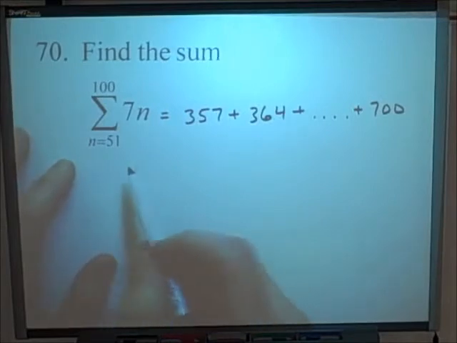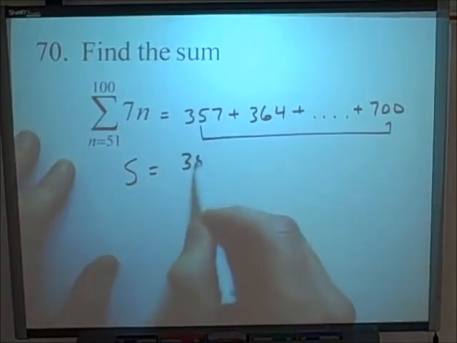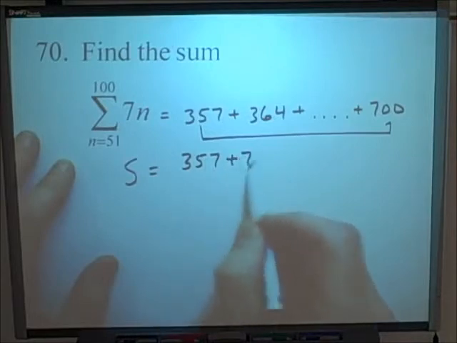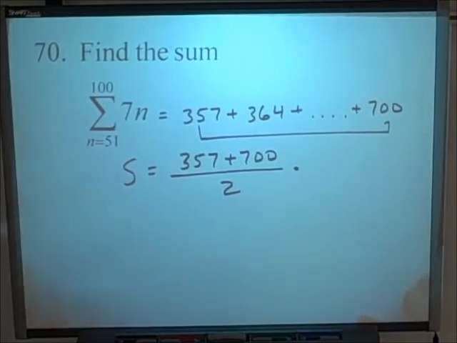So our sum of those terms is our average term. There it is. 357 plus 700 divided by 2 times our number of terms.